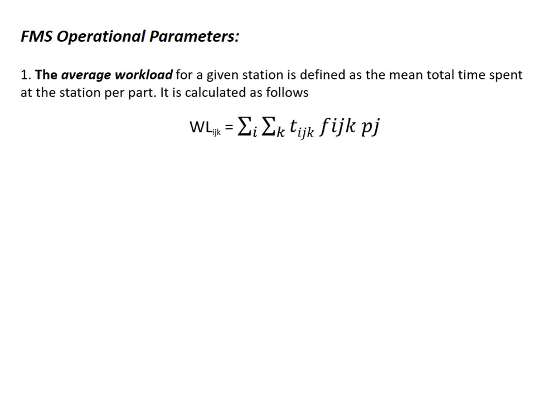So here you have the operation parameters of the flexible manufacturing system. One is the average workload, which is very important in calculating the optimized or busy workload.